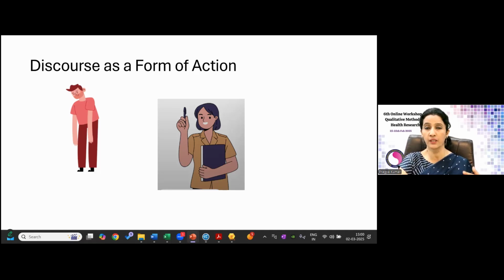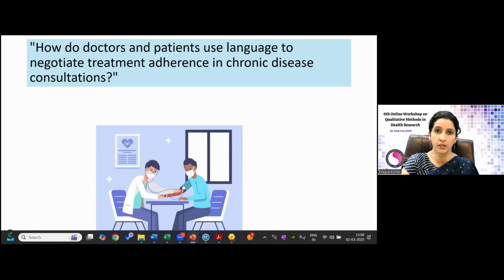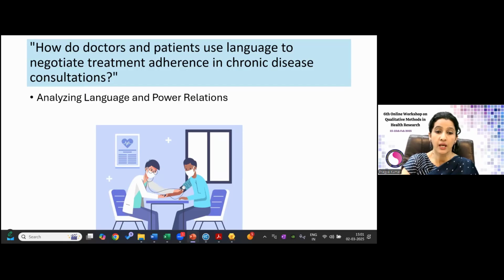If you see this in communication as an example, from the perspective of a doctor, if you want to study how doctors and patients use language to negotiate treatment adherence, you can observe the records of many conversations and analyze their language and power relations.